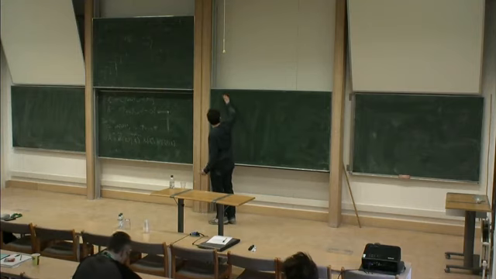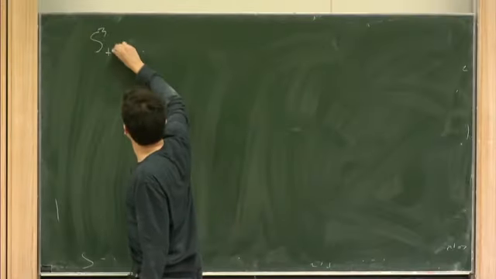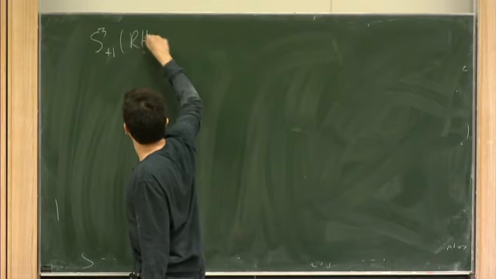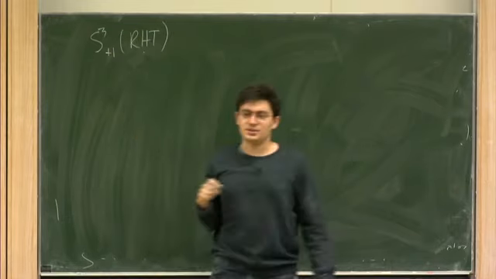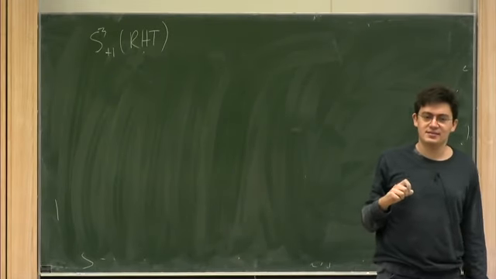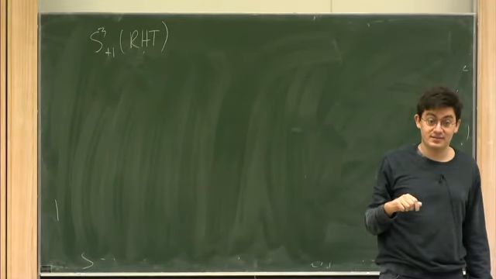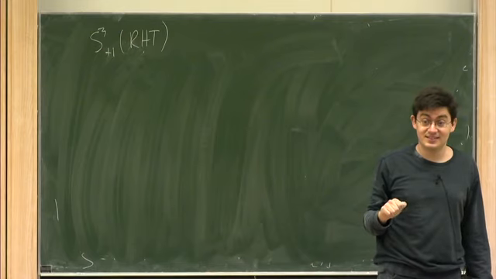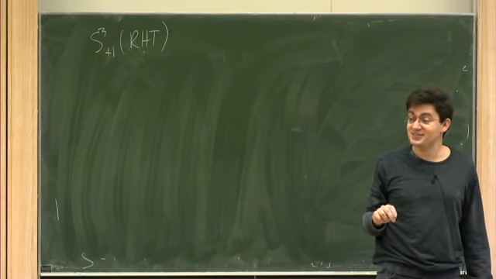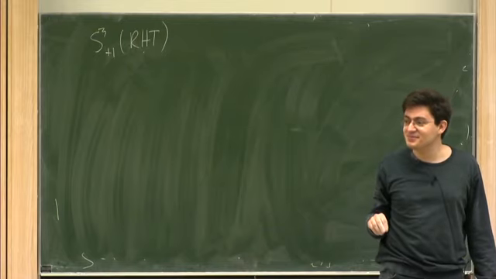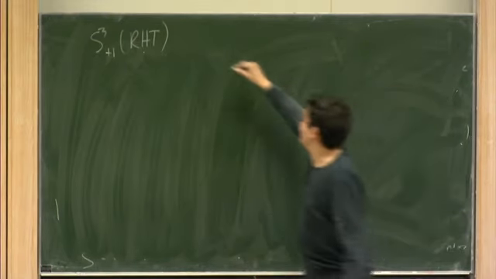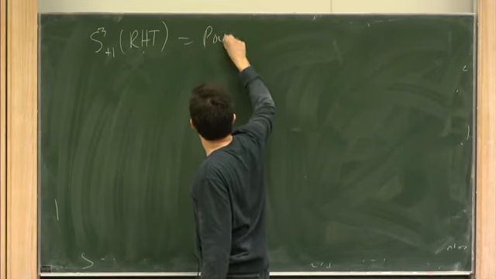If I take +1 surgery on the right-handed trefoil, what do I get? Sigma(2,3,5), the Poincaré homology sphere.